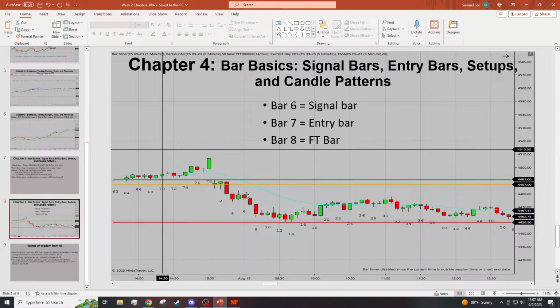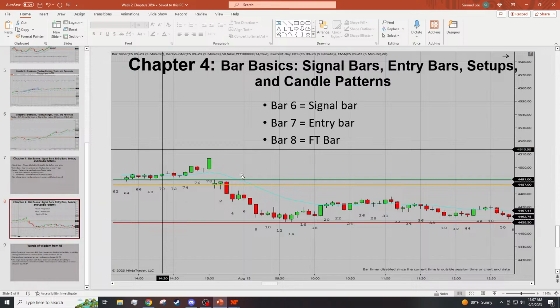And when you see bar 6, it's not a big bear bar, but it's a strong bear bar because it closed near its low, and it gives you a pretty good risk to reward. You enter 1 tick below bar 6, which makes bar 7 your entry bar and bar 6 your signal bar, and you have really 2 spots to place your stop.